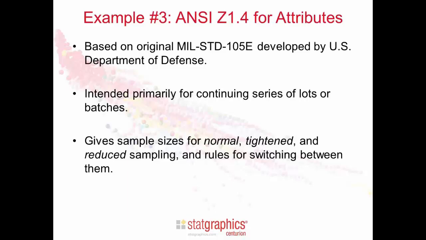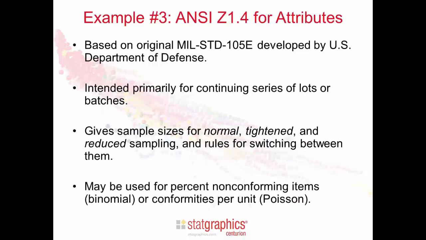Now, the ANSI Z1.4 standard can be used either for controlling the percent of non-conforming items, that is, where you take an item and classify it as either good or bad, or for non-conformities per unit. Non-conformities per unit is where you might take a look at an item and identify the number of non-conformities in that item. An item may actually have more than one non-conformity. In that case, the Poisson distribution is appropriate.